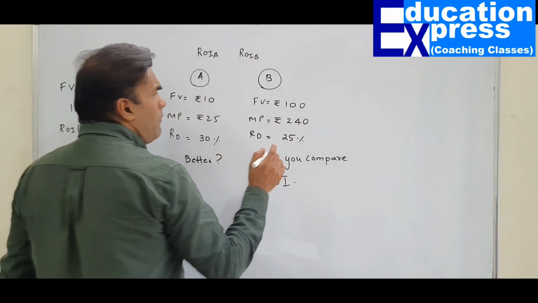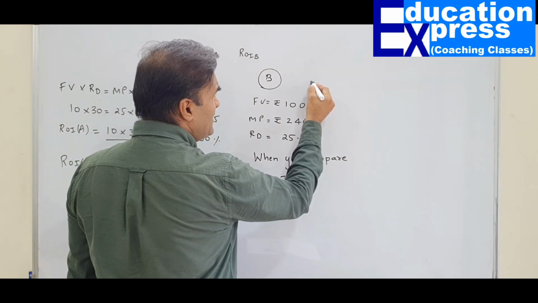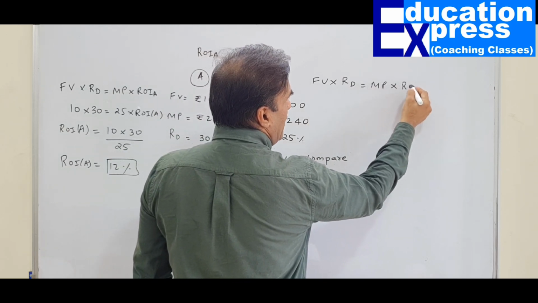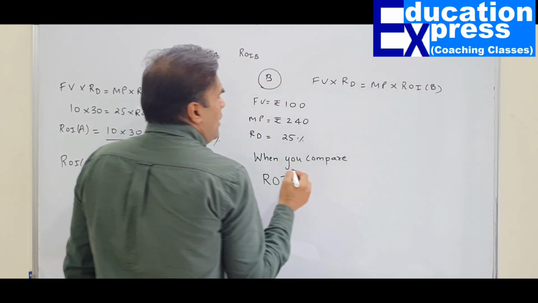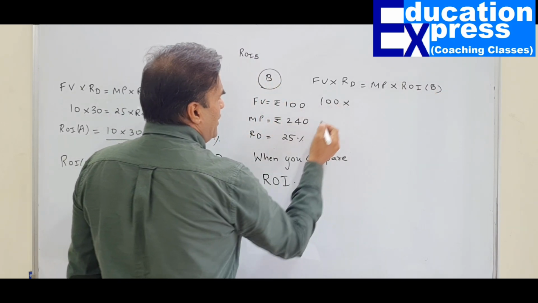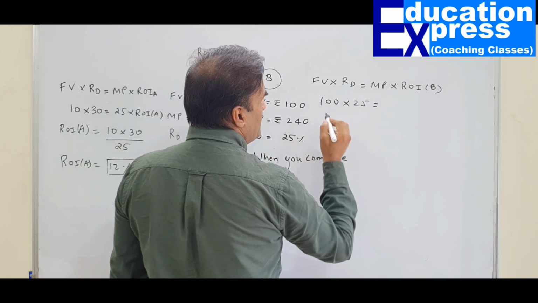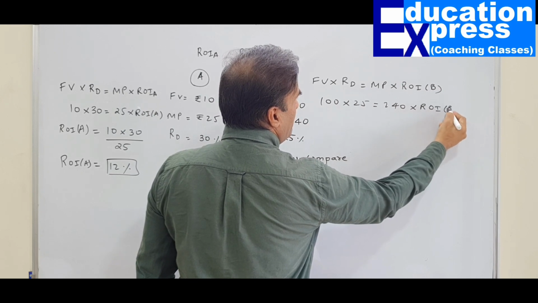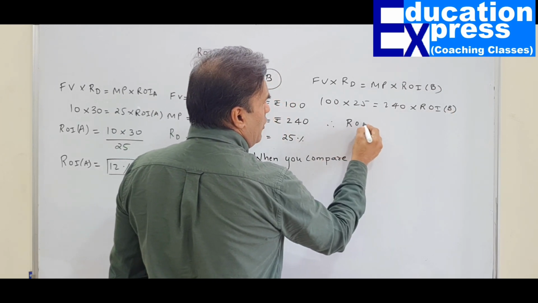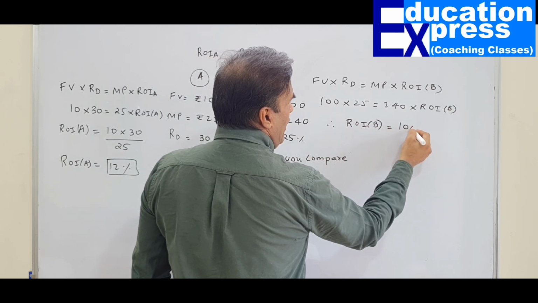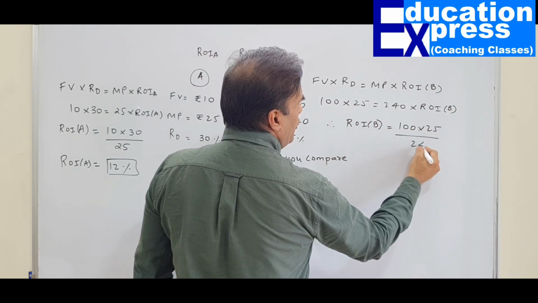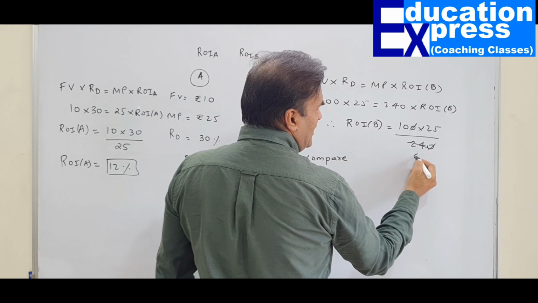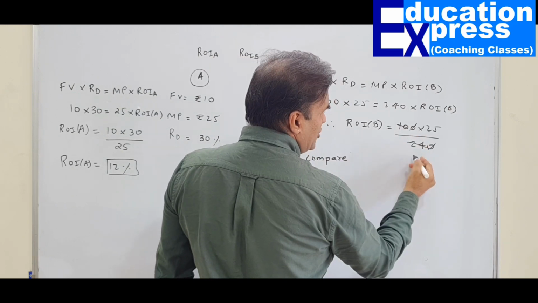Compute the same thing for B as well. That is face value multiplied by rate of dividend equals market price multiplied by ROI of B. The face value is 100, rate of dividend 25%, market price 240 into ROI of B. Therefore, ROI of B would be 100 multiplied by 25 upon 240. 0 cancels 0, 4 sixes are 24, or else 12 twos are 24, and 5.